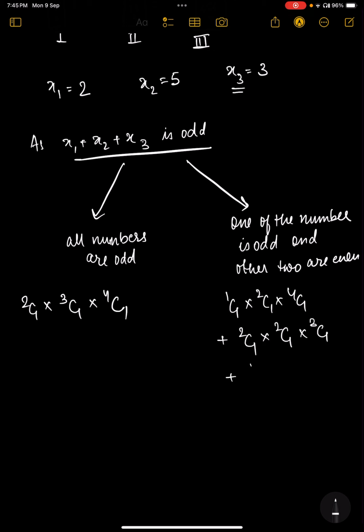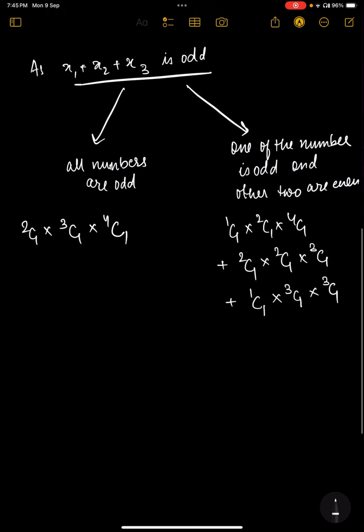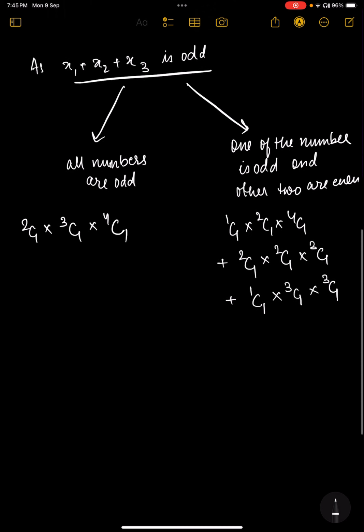Or we can select an even card from the first box, an odd card from the second box, and an even card again from the third box. And the probability of selecting any card is, so the total number of samples is, you select any card from the first box, any card from the second box, and any card from the third box.